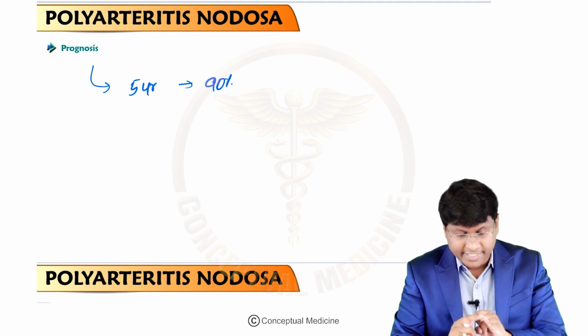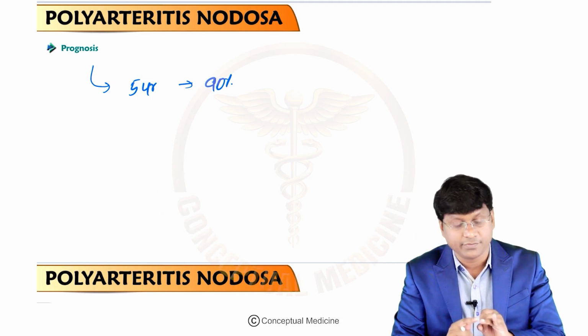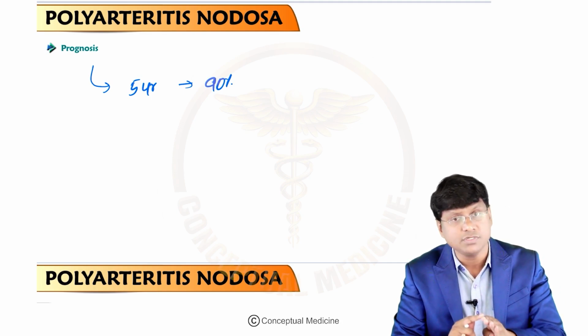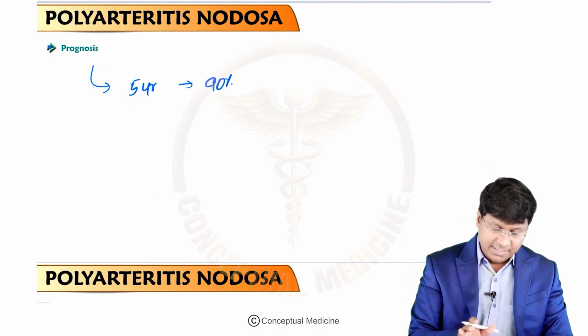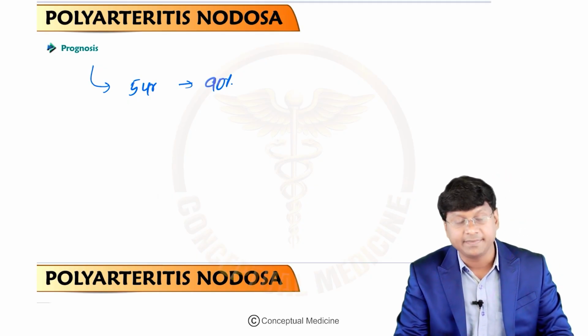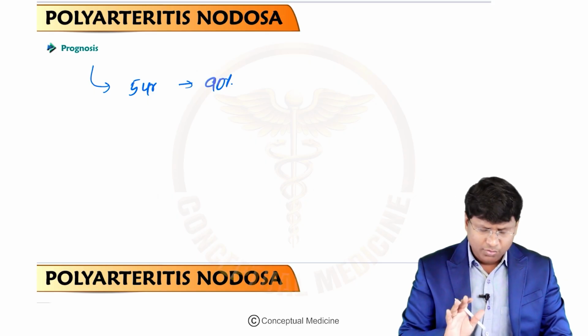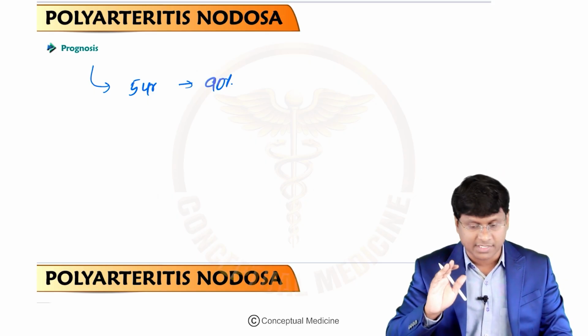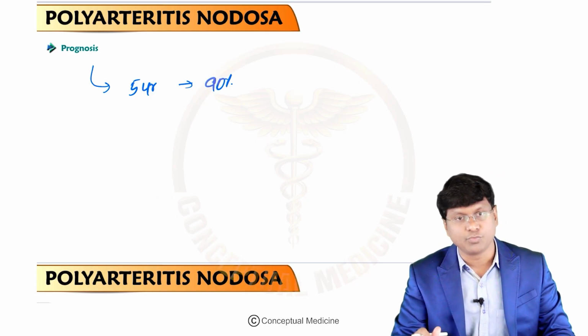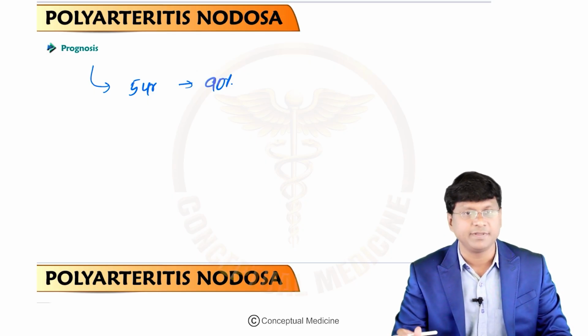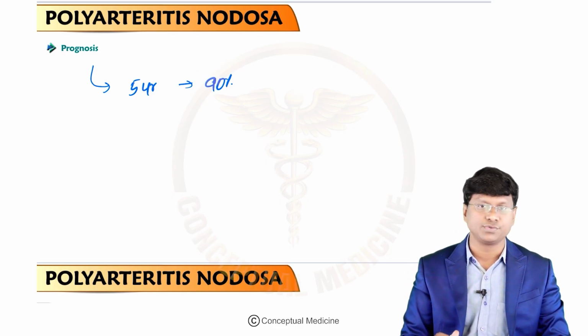When there is no kidney involvement, no proteinuria, no cardiac involvement, no CNS involvement, the 5-year survival rate is up to 90%. Okay. So with treatment, morbidity as well as mortality can be reduced in these patients with polyarteritis nodosa.